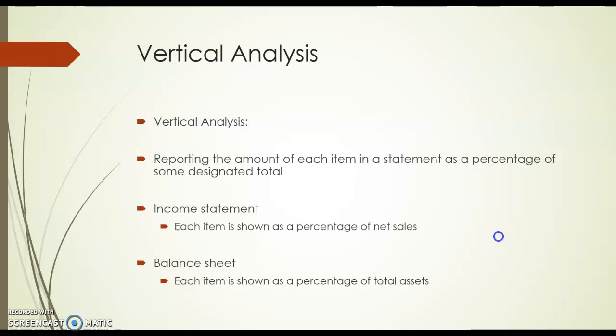So for the income statement, that total that we're dividing every number by to get a percentage is net sales. And the number we're dividing every other number by to get a percentage on the balance sheet is total assets.